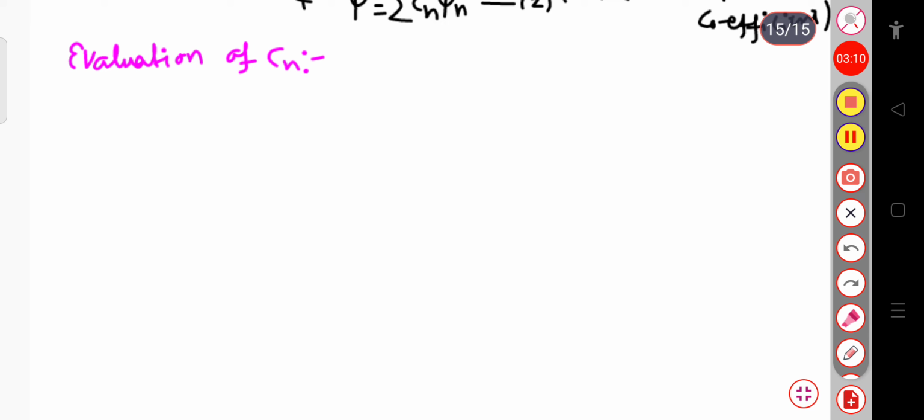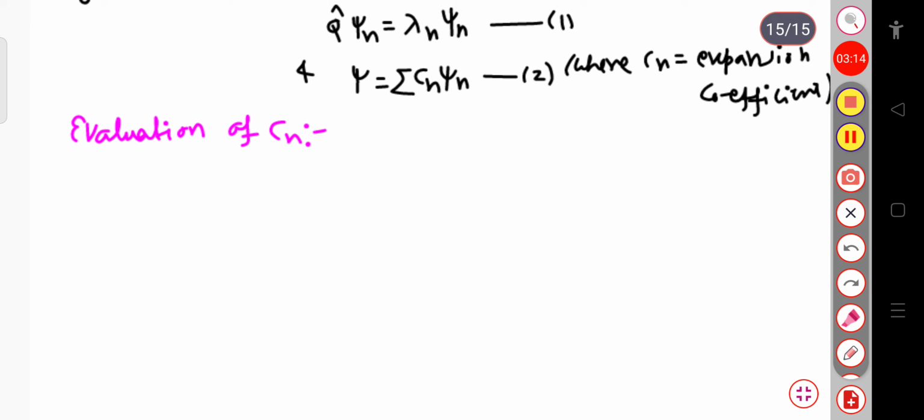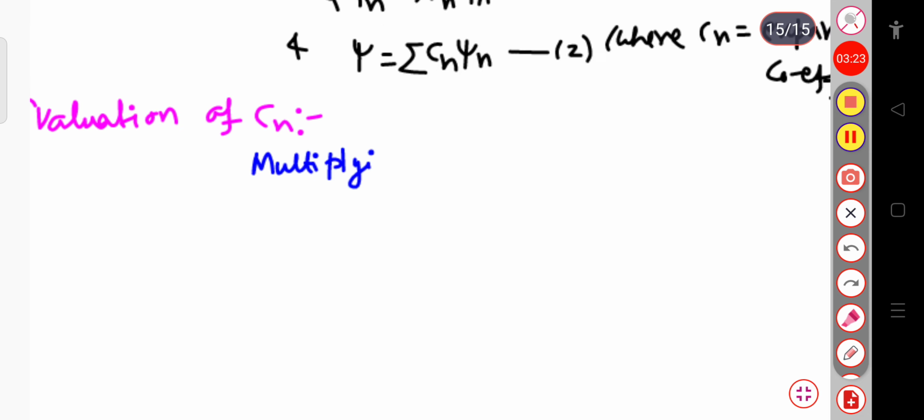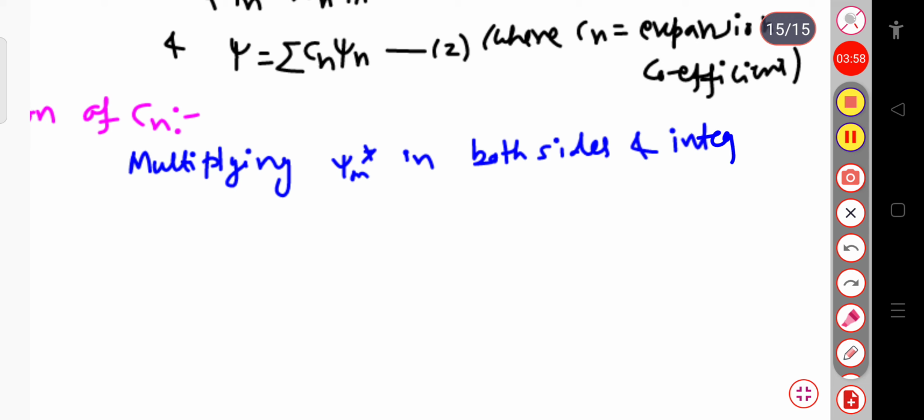If I multiply psi m star on both sides of equation 2 and integrate with respect to d tau, we will get the integration over psi m star into psi d tau.